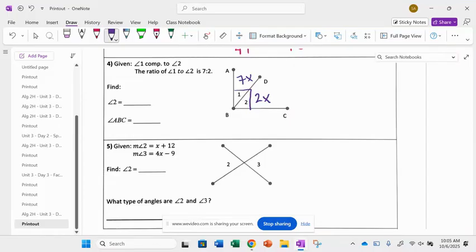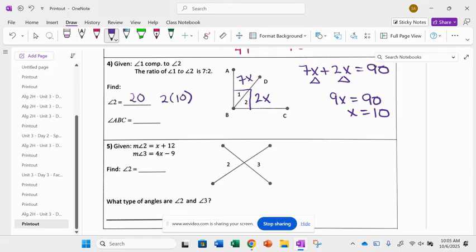Jay. You got it. 7x plus 2x equals 90. So I'm going to combine my like terms, and we're going to have 9x equals 90. X will equal 10. So then it says find angle 2. Well, angle 2 is 2 times 10, which is 20.